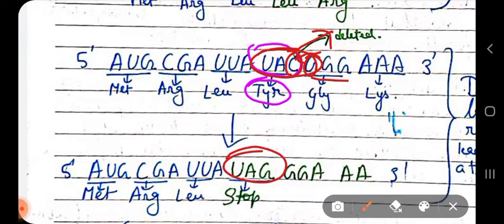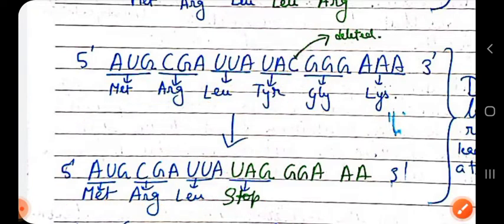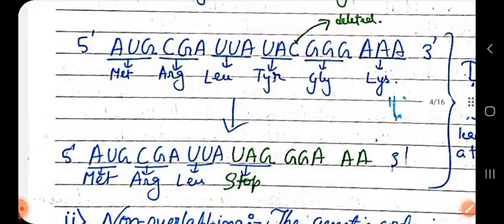Right after C there was G, so this G binds with the UA and becomes a stop codon. So ultimately, the translation process stops prematurely because of just the removal of the C from the UAC codon. This type of termination leads to immature polypeptide synthesis.